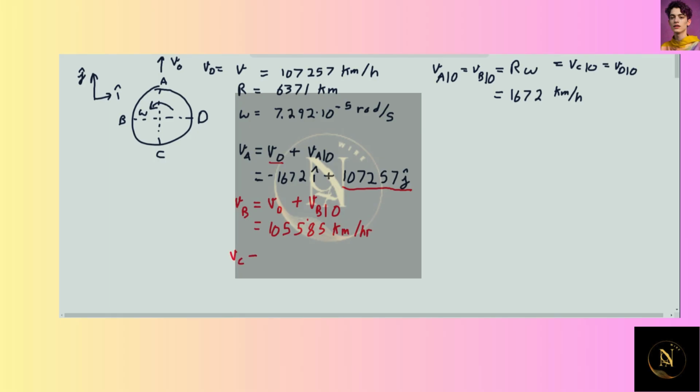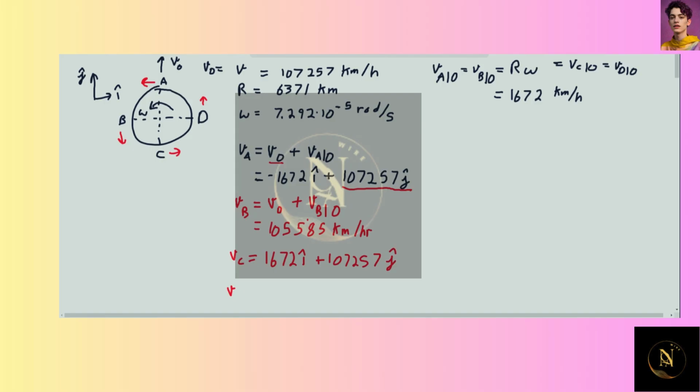VC we'll have the same story, just we'll use VC given with respect to the origin. VC is, of course, to the right, so that's the positive i hat direction. So it'll look a lot like VA, except we'll have a positive 1,672 in the i hat direction, and then plus the 107,257 in the j hat direction.